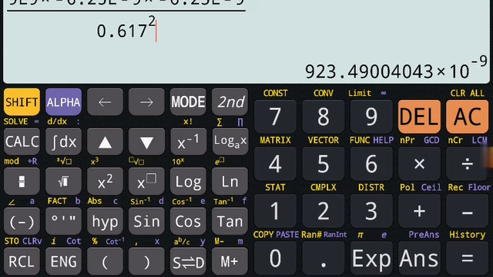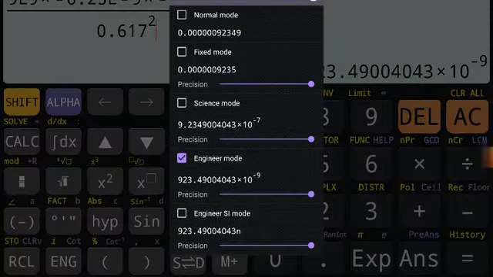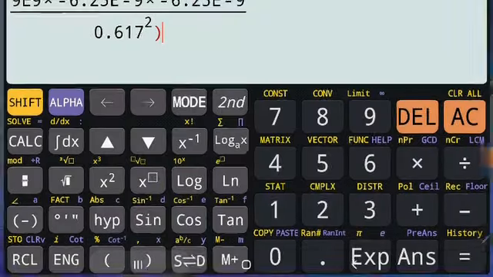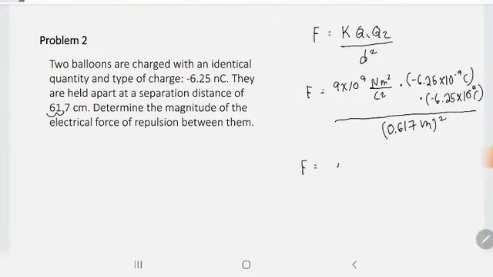This is my answer. Again, I go to engineering. So the scientific notation, the better one is this one, 9.23 times 10 to the negative 7 newtons. Cancel the units.